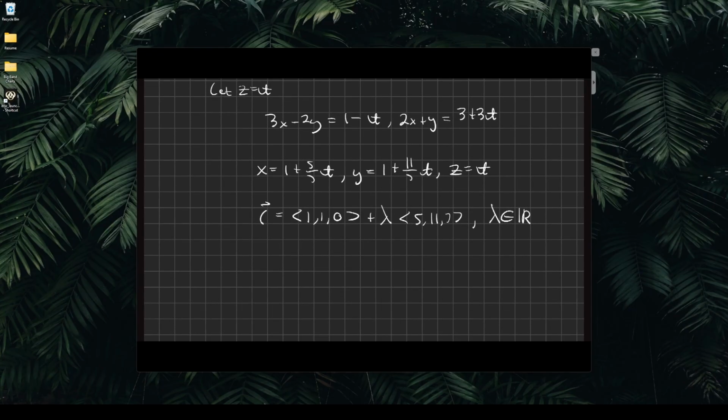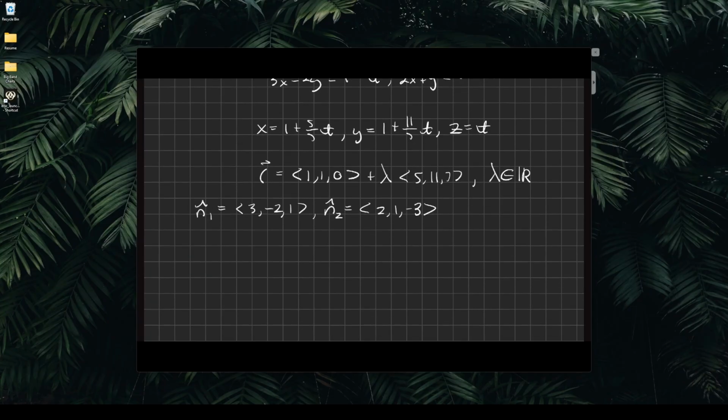Okay, and then we'll have normal vectors. 3, negative 2, 1. Normal vectors. And n2 being 2, 1, negative 3. And we need their dot product. This nicely just evaluates to 1.